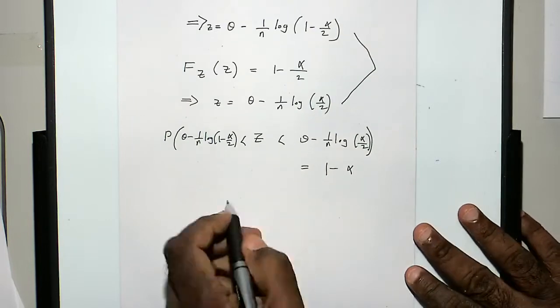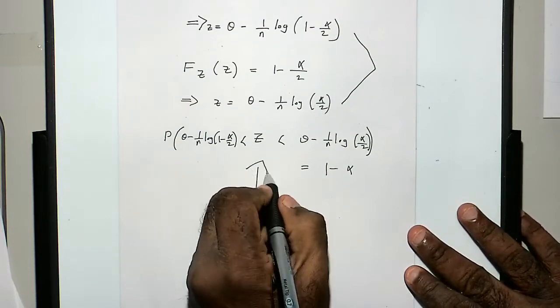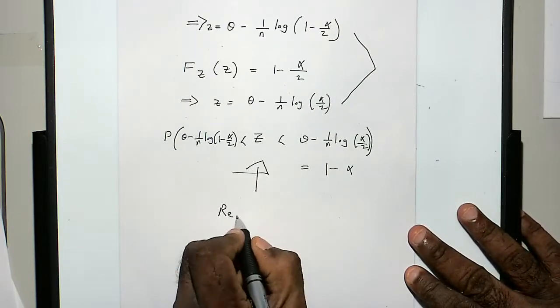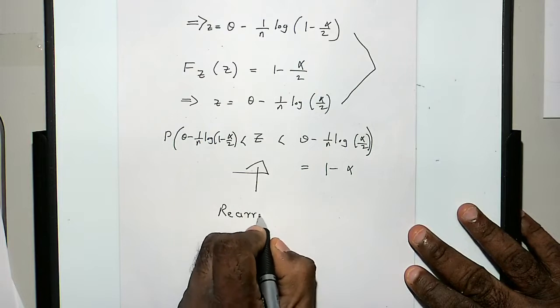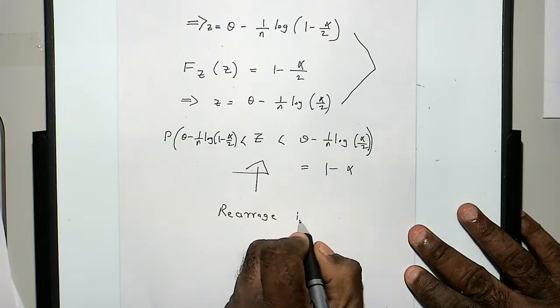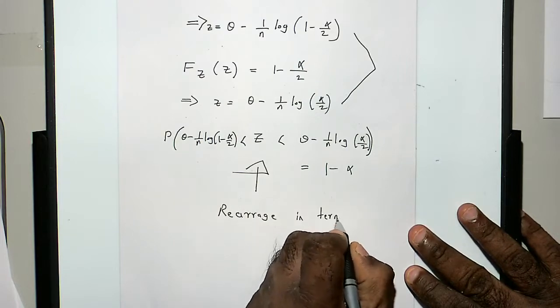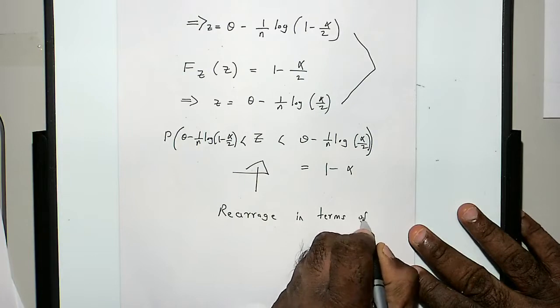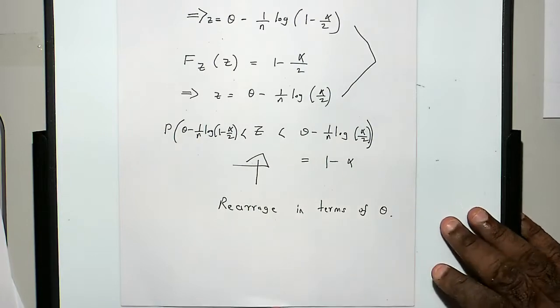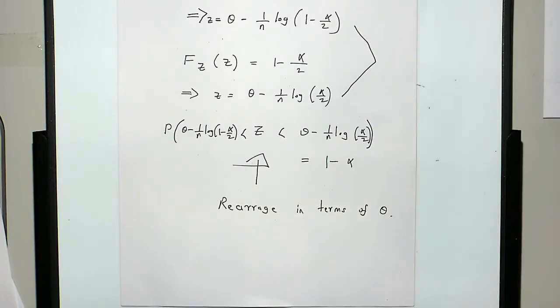And then rearrange the statement in terms of theta, and that will give you the confidence interval for part 2.